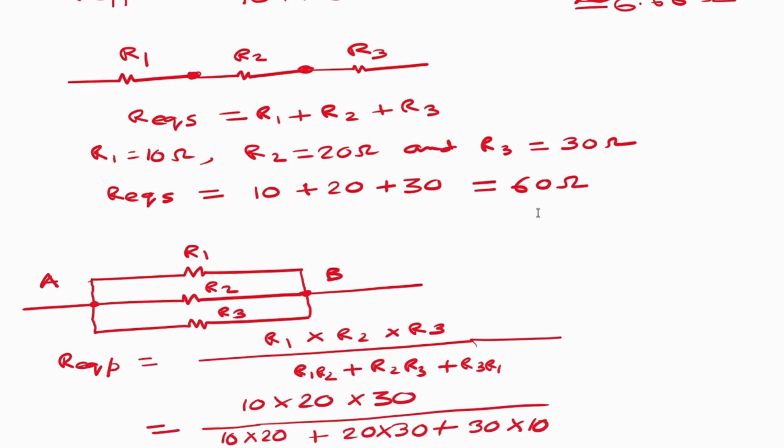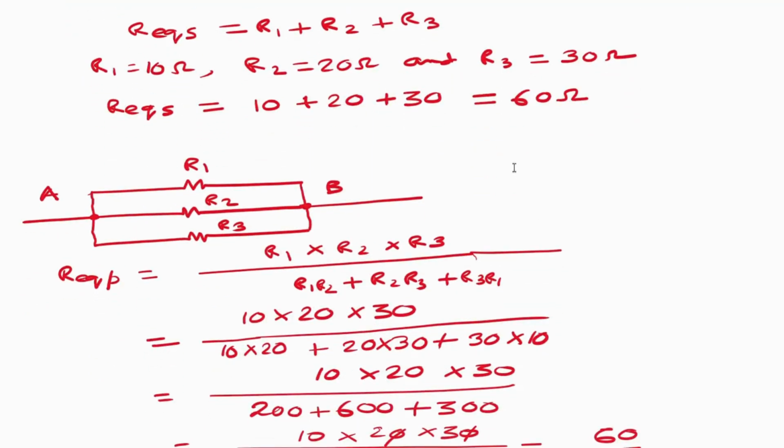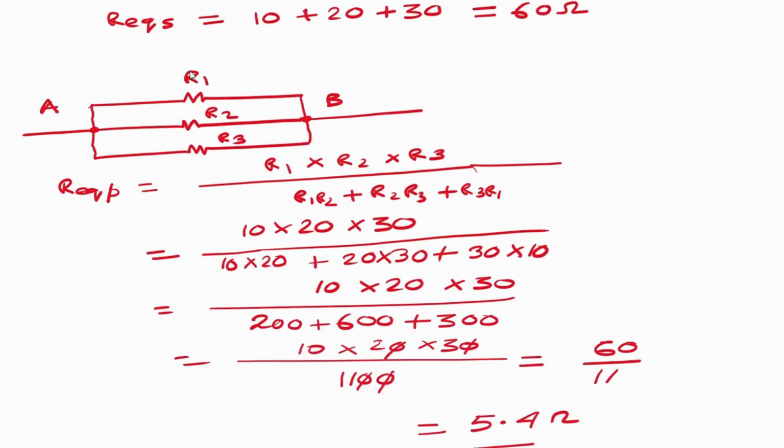And if the three resistances are connected in parallel, what will be the combination? This is the combination: R1, R2 and R3. This one is R1, this one is R2, this one is R3. In the connection, all the starting points are connected at the same point, and the end points of the three resistors at one point.